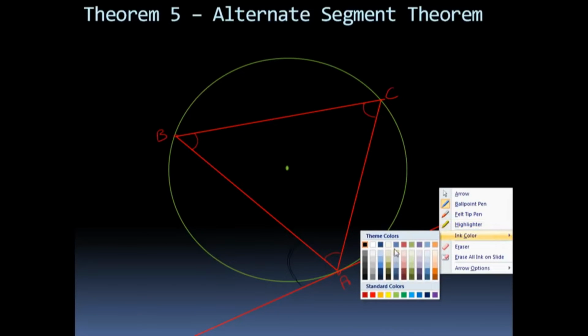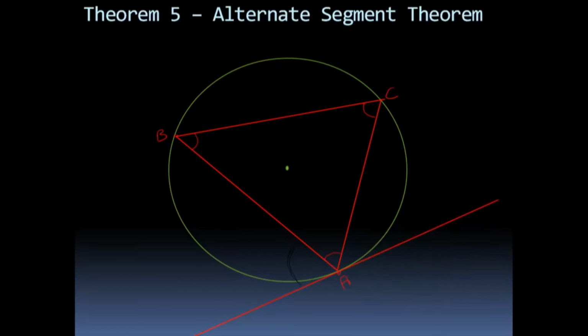Let's use white. So we look at this angle right here, and let's call this angle 75 degrees.